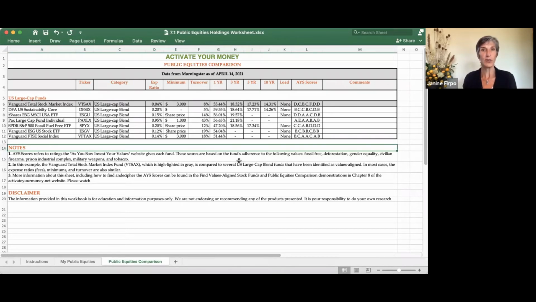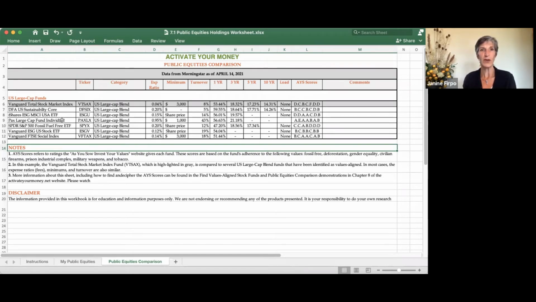Some people may determine that something like the DFA is their best bet because it gives a relatively good return here in terms of the values and does not differ that much from the Vanguard fund in terms of some of these other things.